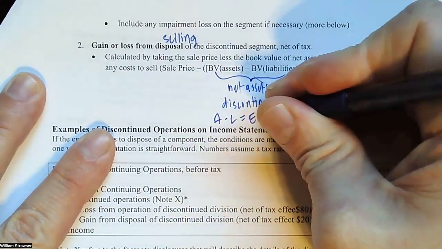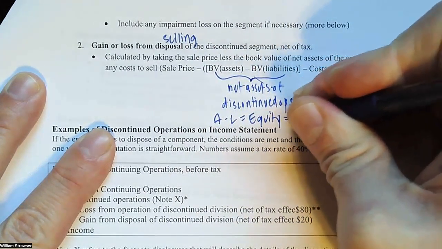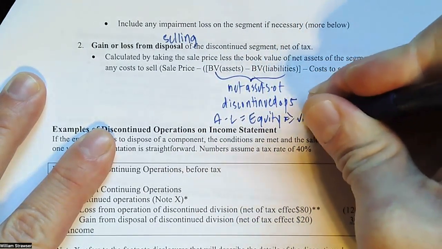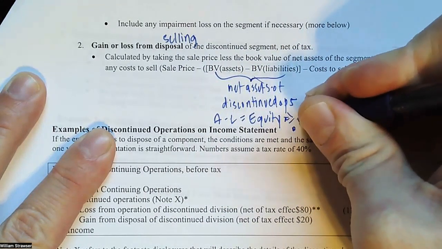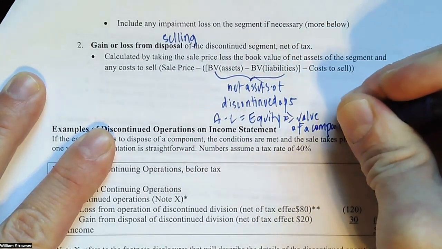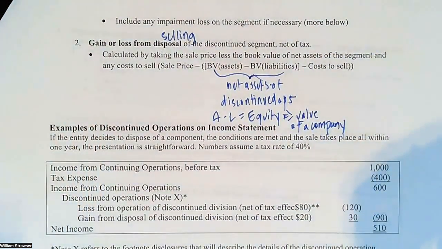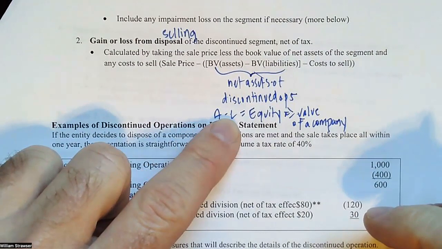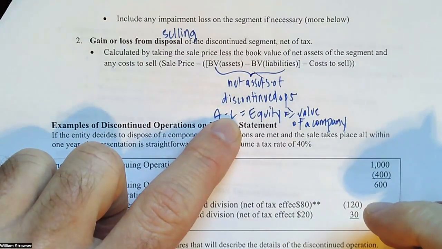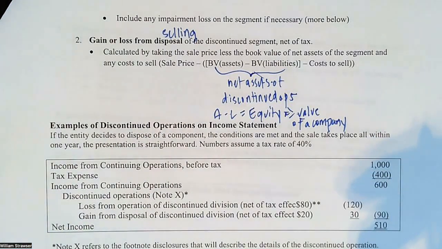Equity is how we value a company. Because a company is not simply valued by all the assets it provides. Yeah, you've got a bunch of assets, but you also have obligations that you have to pay off that you're taking on when you buy a company. So the true value of a company is its assets less its liabilities.